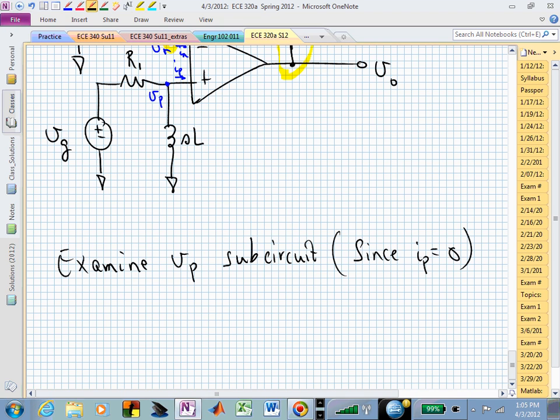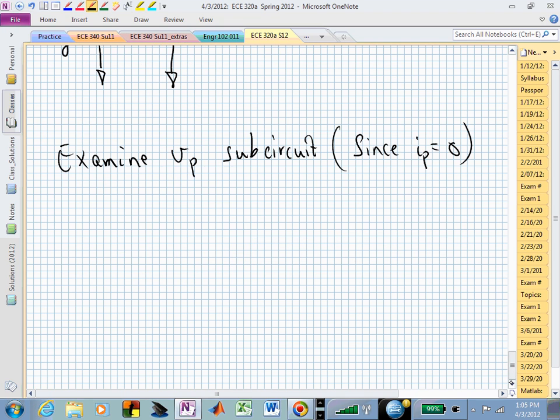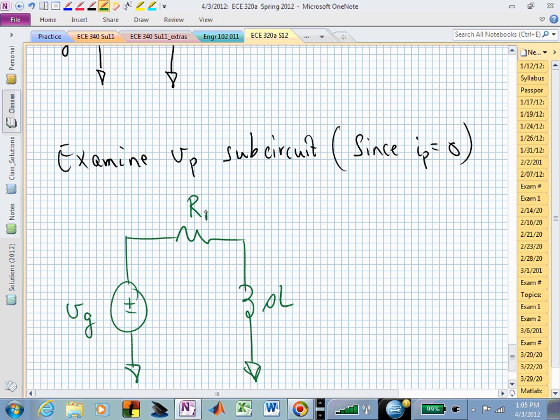So now all we need to worry about for starters is this circuit. Here's SL, and here's R sub 1. And this particular point was V sub P, the voltage between that terminal and ground.